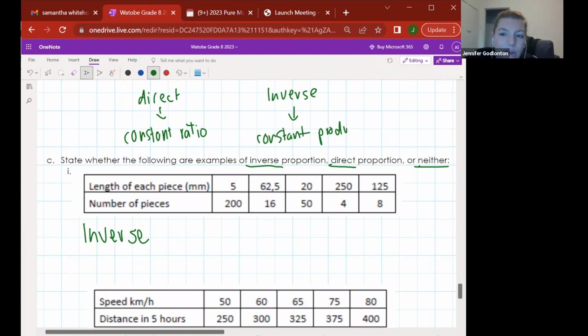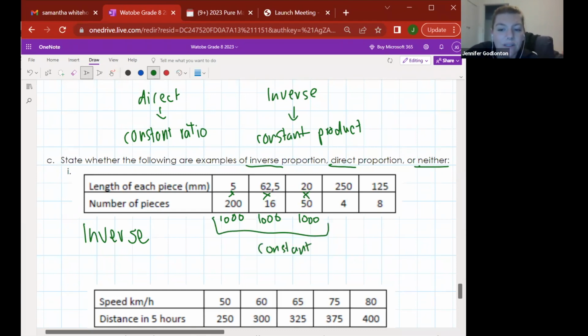So if we multiply these all together and we get the same number, so 5 times 200 gives us 1,000. 62.5 times 16 gives us 1,000. 20 times 50 gives us 1,000. So all of them have a constant product.